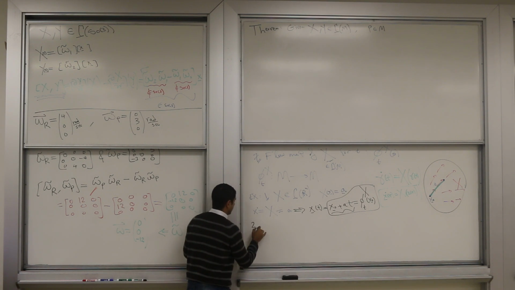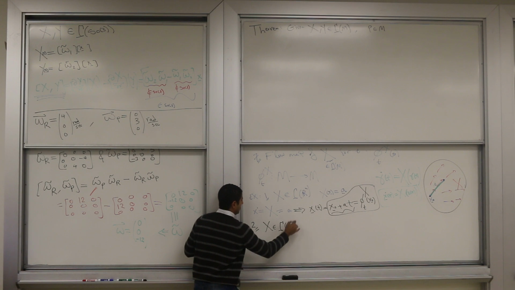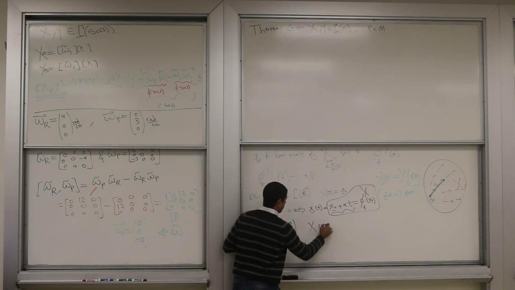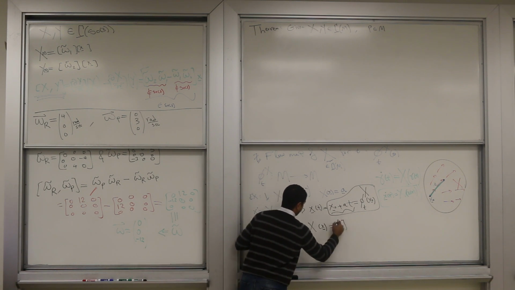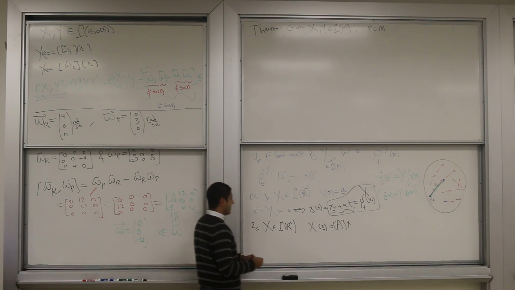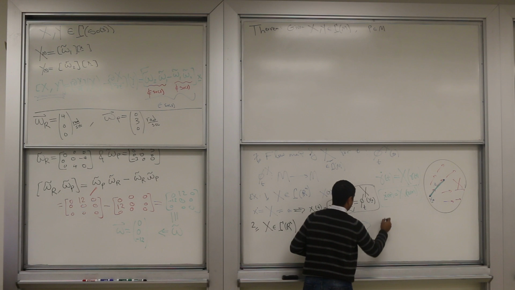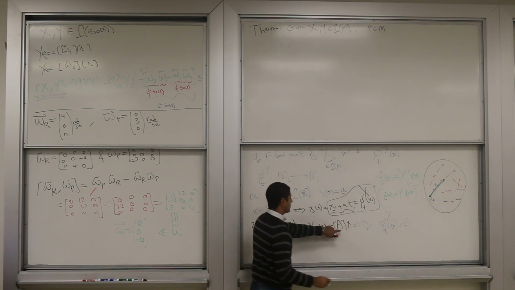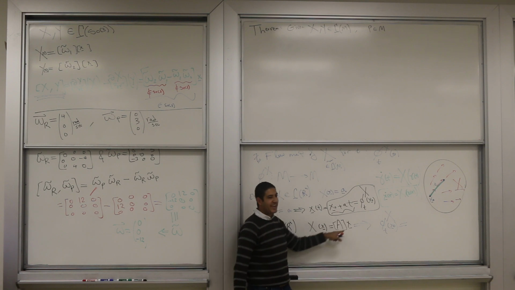Well, let's make it more serious. X on Rn defined as X of little x is a matrix A times little x. Can you tell me immediately what is phi t x naught? What's the solution of this differential equation, x dot equals Ax?